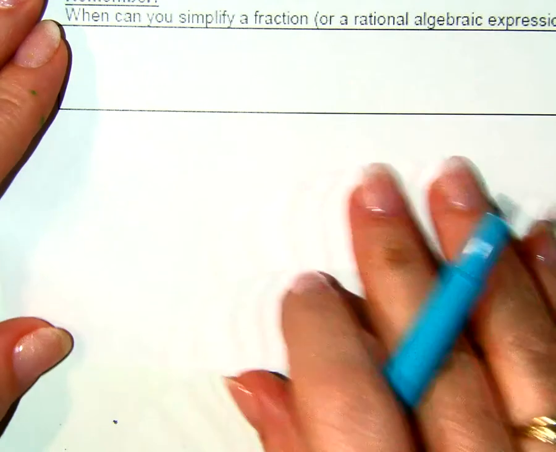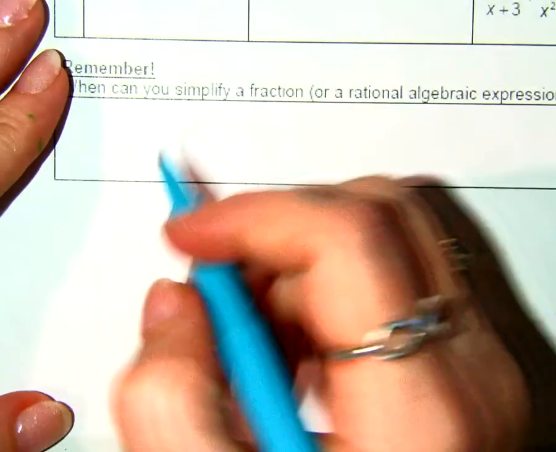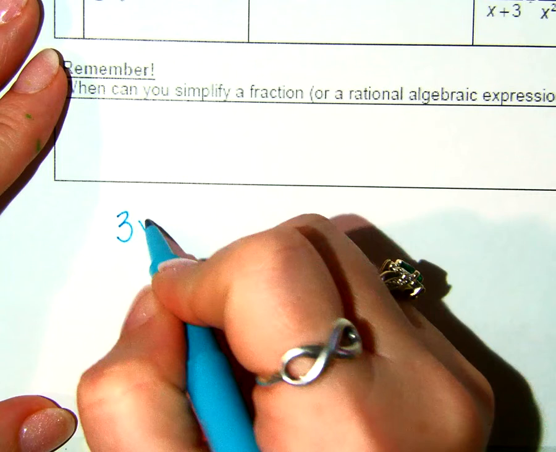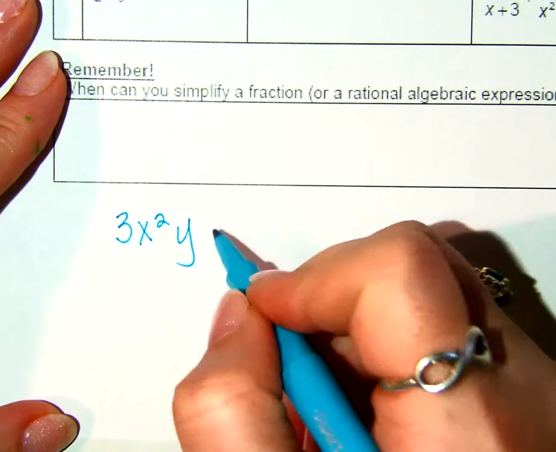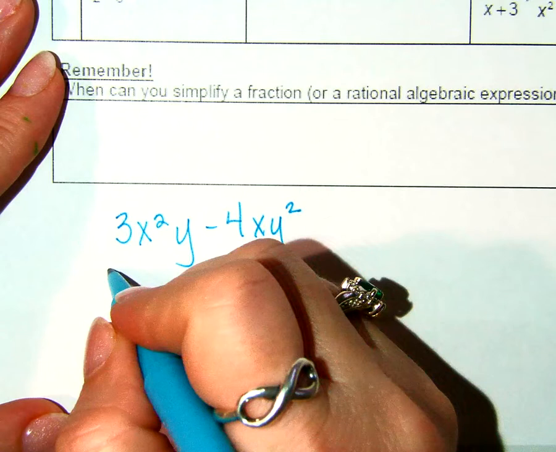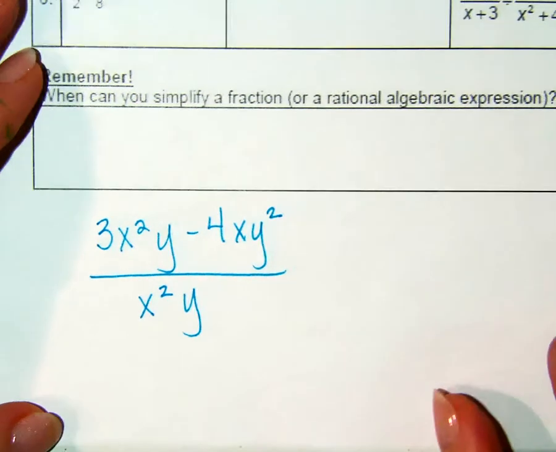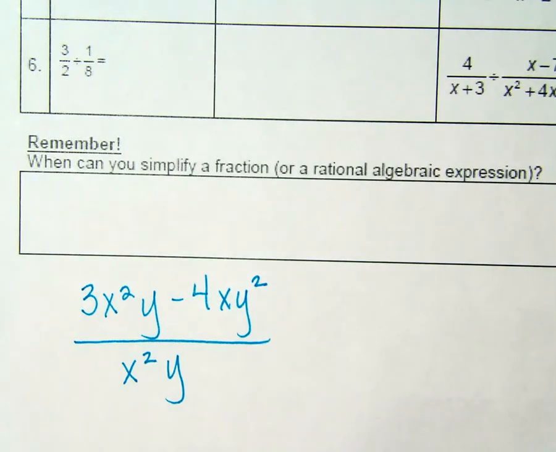I want you to go down to the bottom of your paper. See how I'm at the bottom of my paper? There's some room down here. And I want us to write 3x squared y minus 4xy squared over x squared y. Whoa.